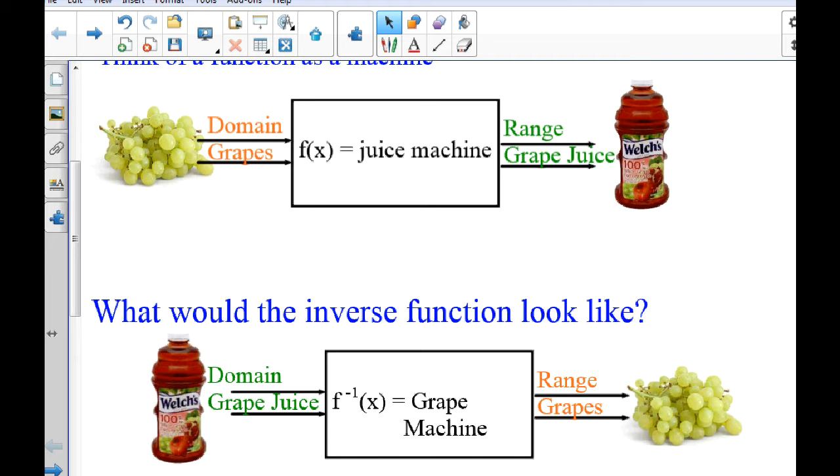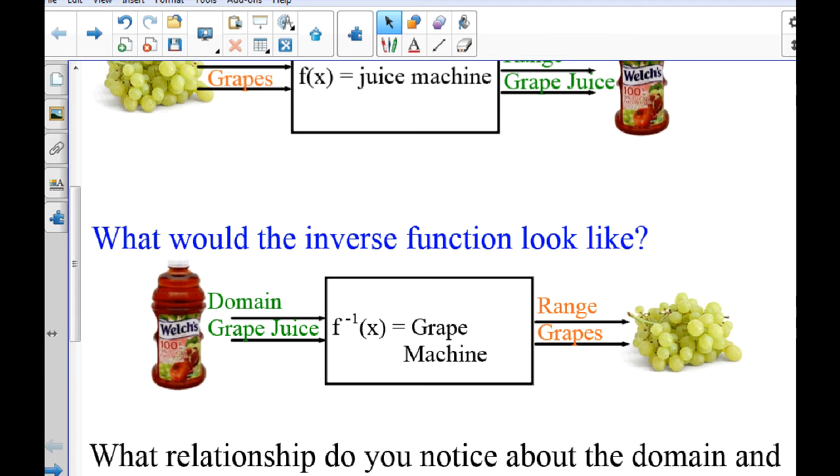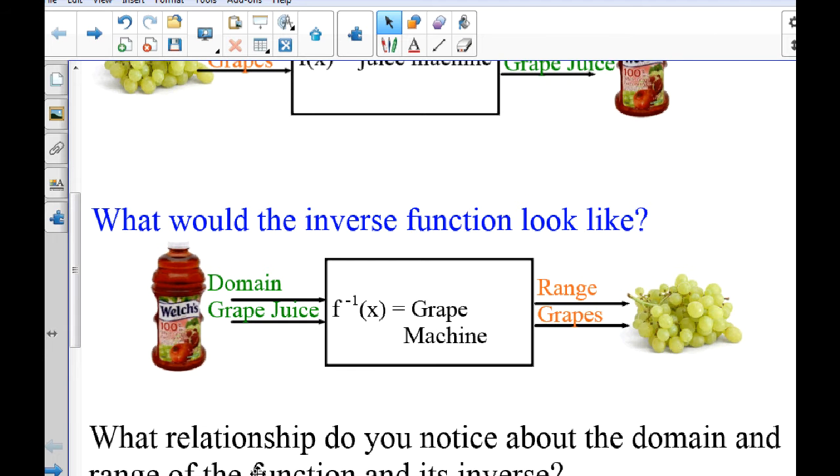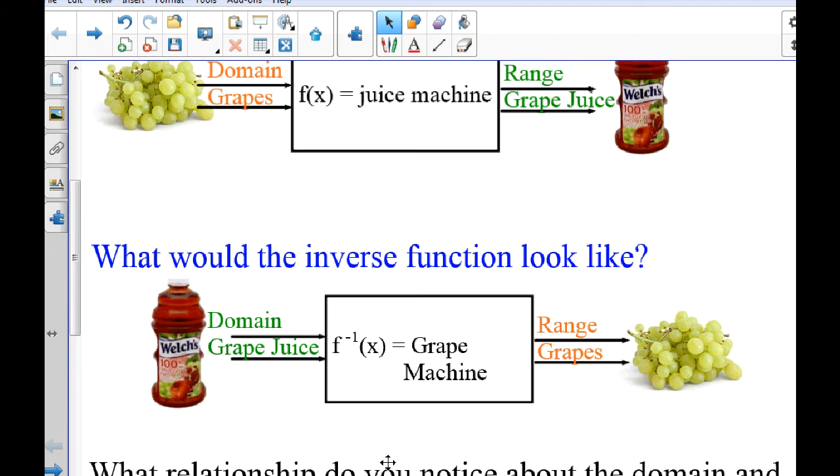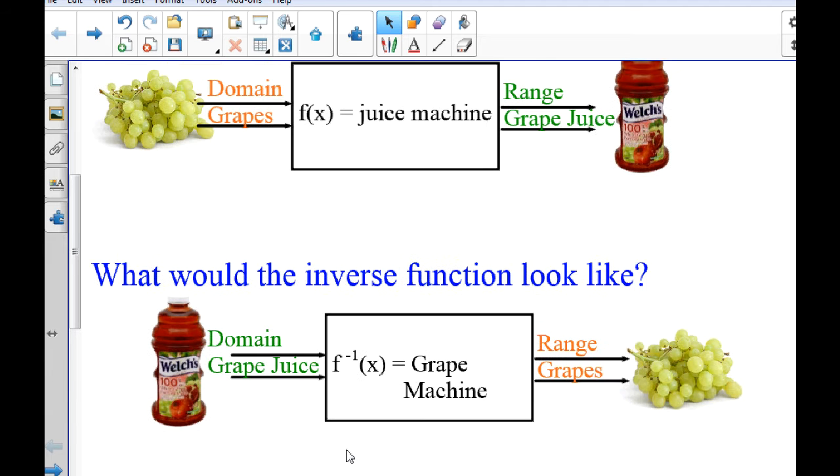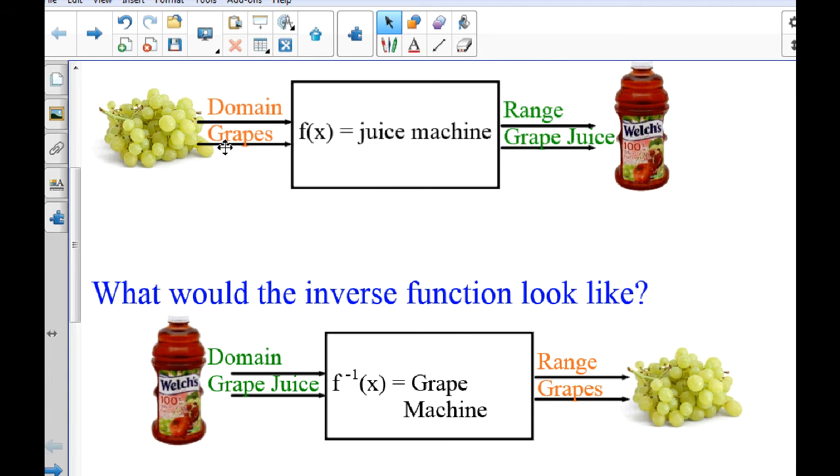What's the relationship that you notice about the domain and range of these two functions, or of a function and its inverse? If you notice, the domain that you started with in your original function is actually going to be your output from the inverse. The range from the function is actually your inverse domain, what you put in.